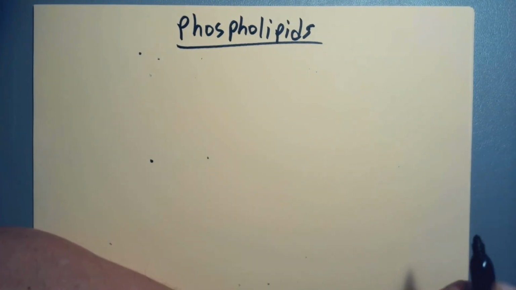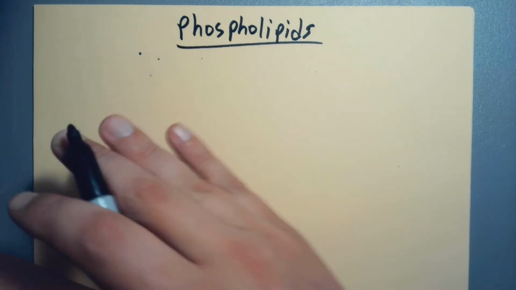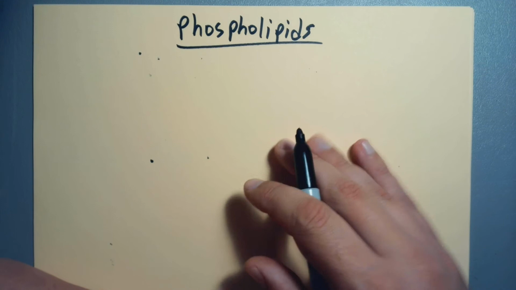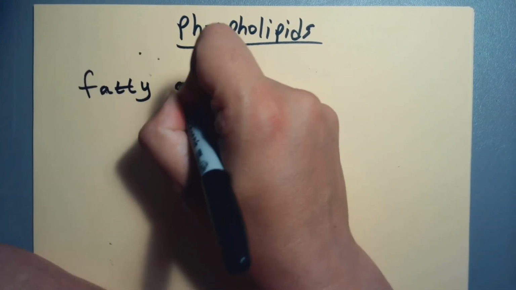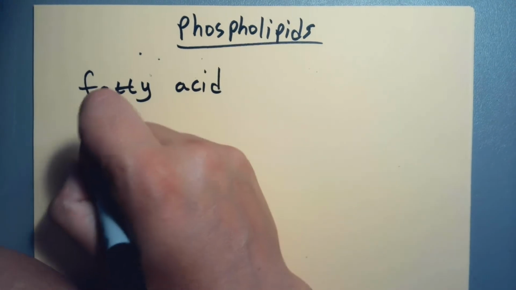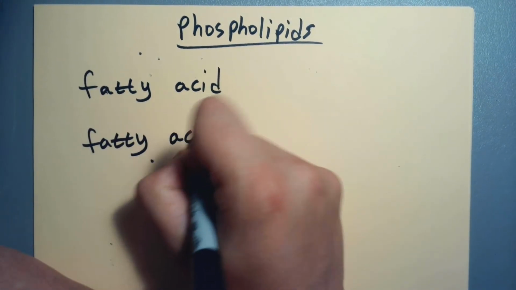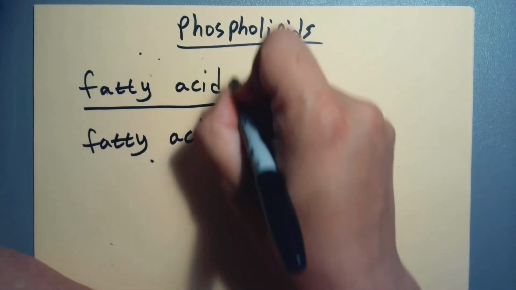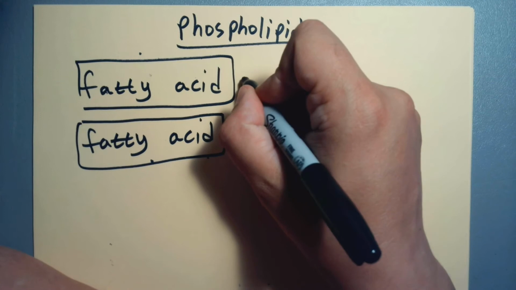And so what you have is, and I'm going to cut back on the level of detail here because you guys have seen fatty acids for 2 videos now. But we have what looks like a triglyceride, but there's only 2 fatty acids attached to the glycerol backbone.